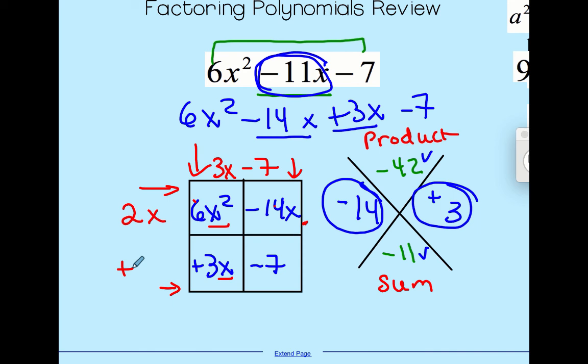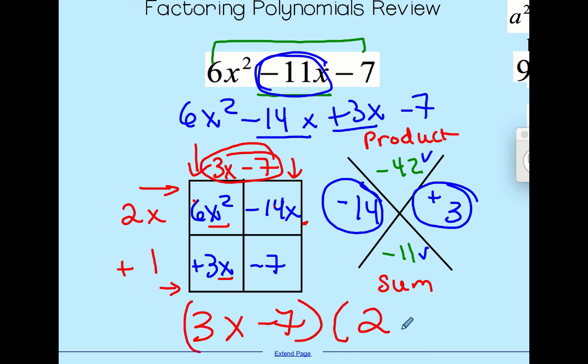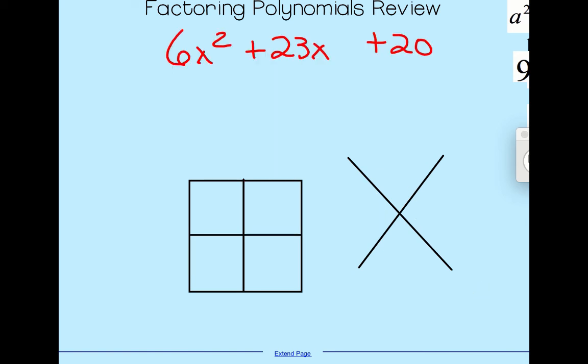And now here's the case. 3 and 7 have nothing in common. Only one of the terms has an x in it. So the common factor is just a 1. So now it tells me that my two binomials are 3x minus 7 and 2x plus 1.